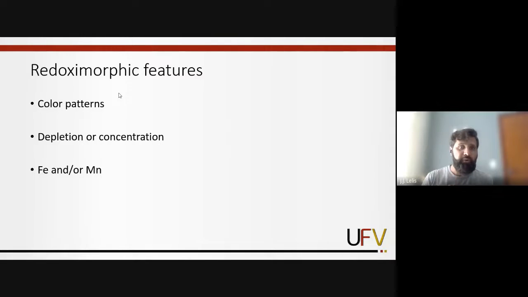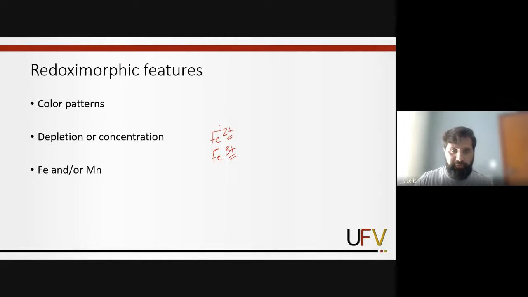The reduximorphic features are color patterns that vary in the soil according to the depletion or concentration of iron and or manganese. Iron and manganese are elements that can be present in a different notation.